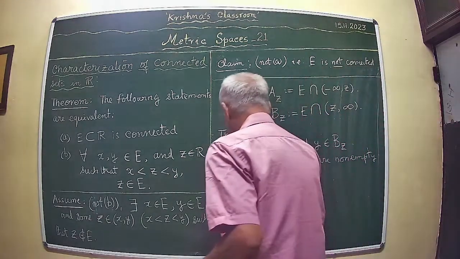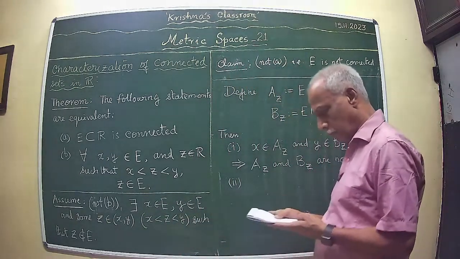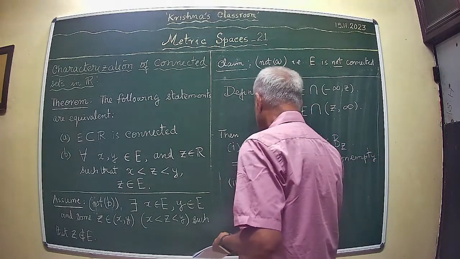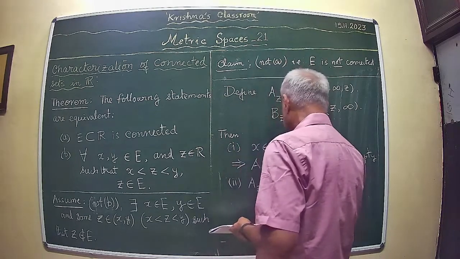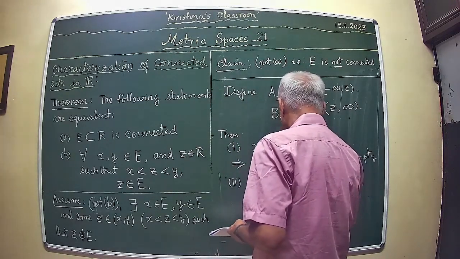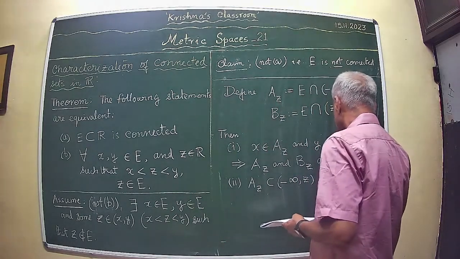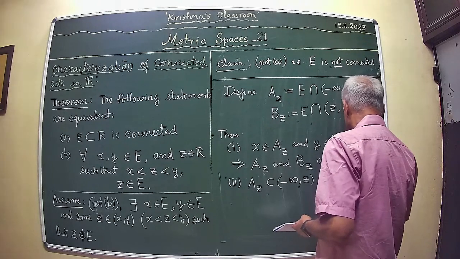Now the second property that we can observe is that A_z is contained in (minus infinity, z) by the construction and B_z is contained in (z, infinity).